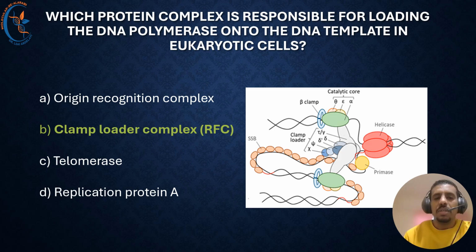The clamp loader complex, also known as the replication factor C, is responsible for loading the sliding clamp onto the DNA template. The sliding clamp then helps to keep the DNA polymerase attached to the DNA, ensuring efficient and processive DNA replication. Alright, let's move on.